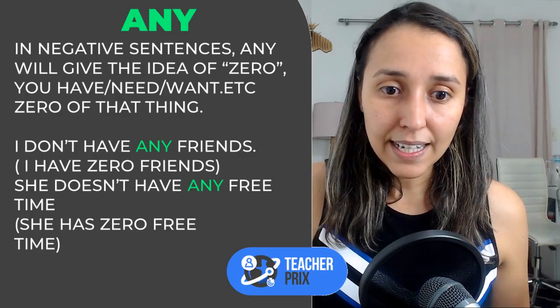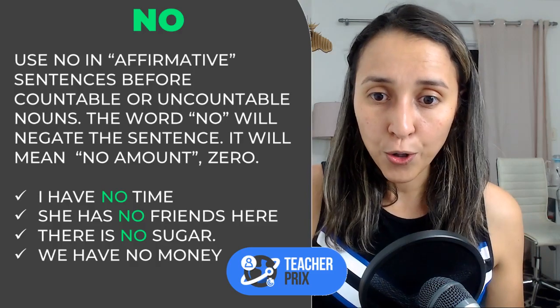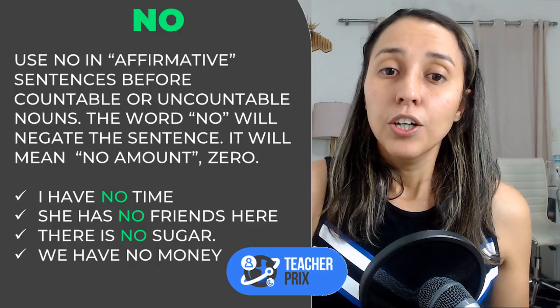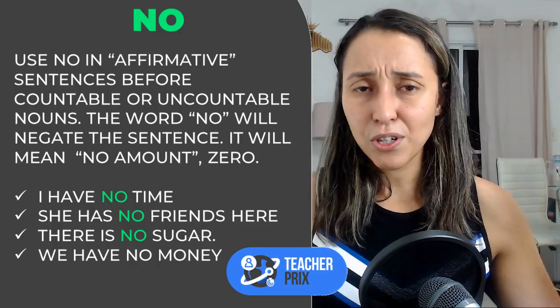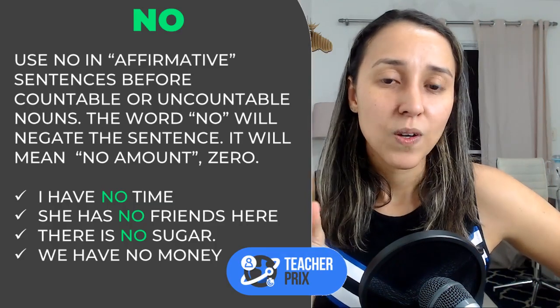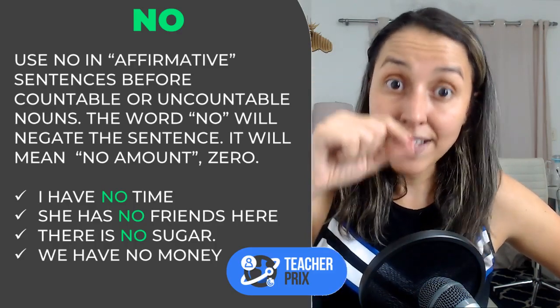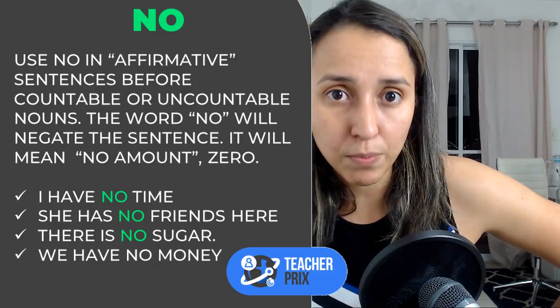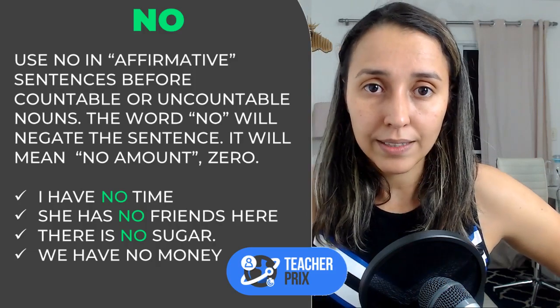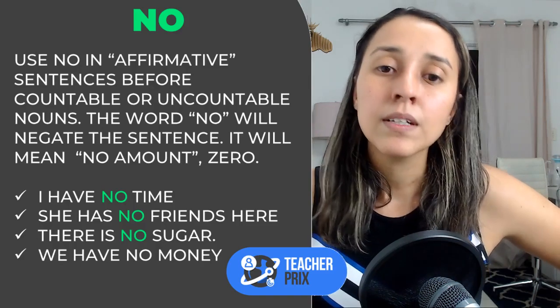Anyways, that's the idea of any. Now, moving on to no. Okay, no is very easy. You use no in affirmative sentences, but what's the catch? When you use no in an affirmative sentence next to countable or uncountable nouns, so you need the countable or uncountable nouns next to the word no, okay?